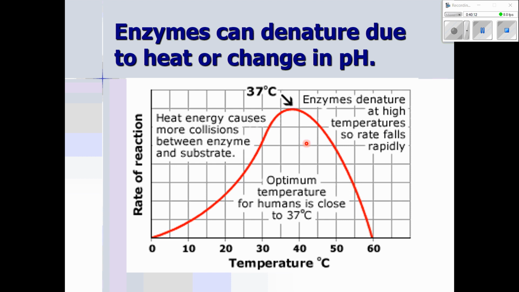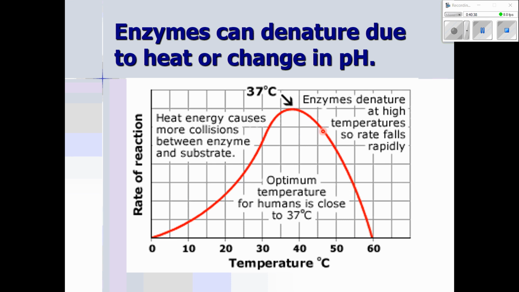If you have a fever, like a really bad fever, and your temperature gets above 37 Celsius, like 40 or 45, notice your chemical reactions are going to slow down, because remember what happens to enzymes when they get too hot? They denature. The hydrogen bonds inside the enzyme break.